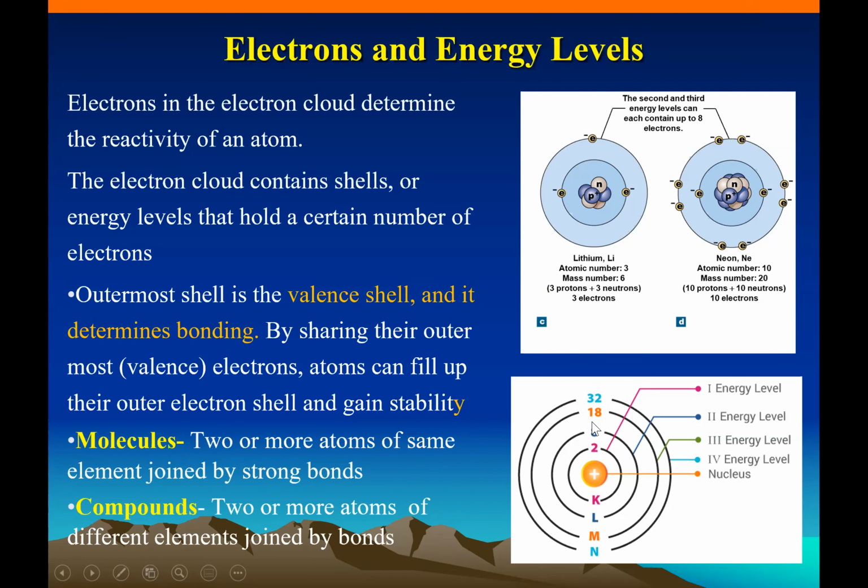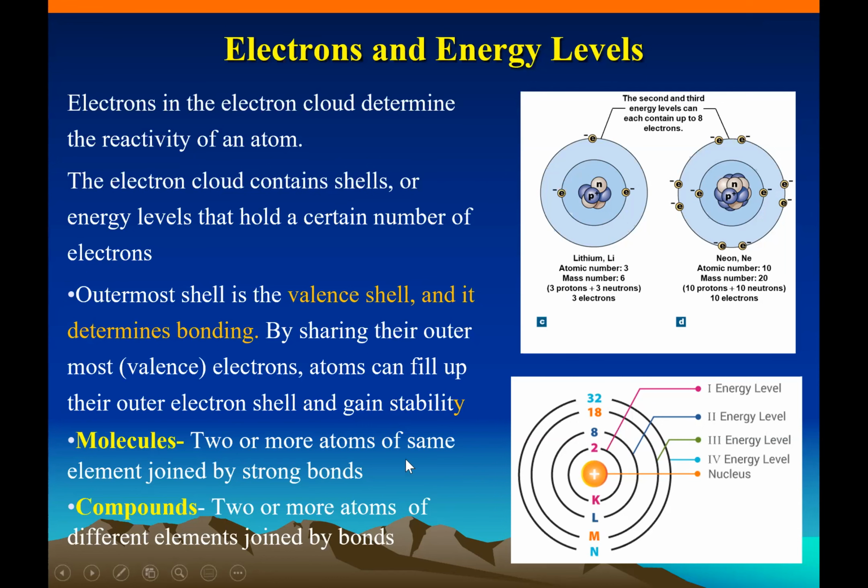Only when there are 2 in the first orbit, 8 in the second orbit, is the atom stable. So when it's unstable, it is always trying to either donate an electron or gain an electron in order to reach stability.